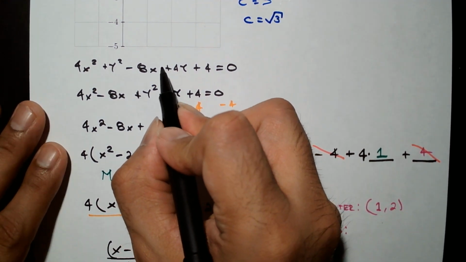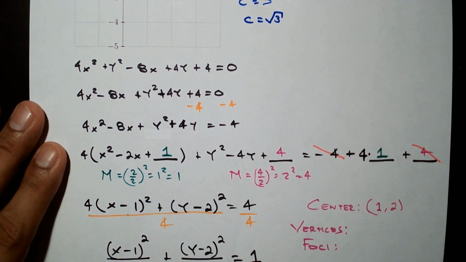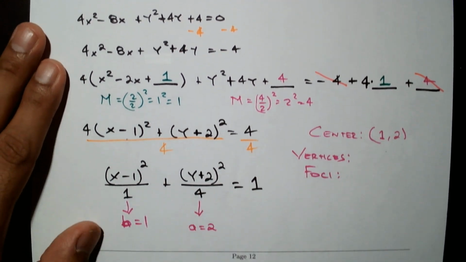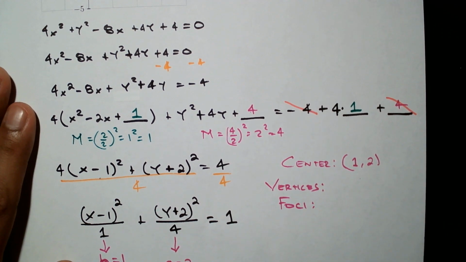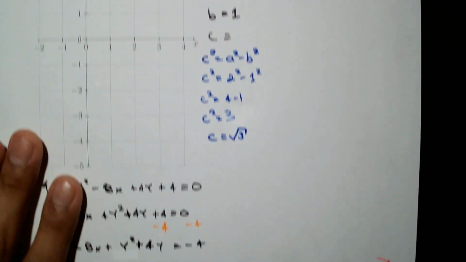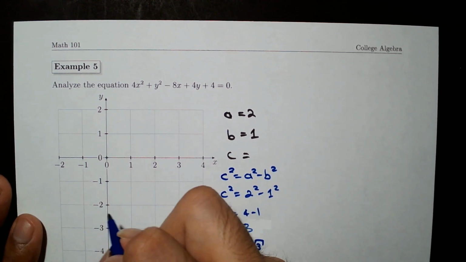I've just realized I changed this plus for a minus. This is supposed to be a plus, plus, plus, and then this becomes a plus, this becomes a plus, and this 2 becomes a negative 2. Otherwise, it was not going to work. So 1, negative 2 is our center.